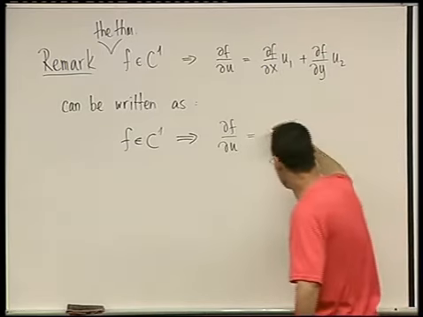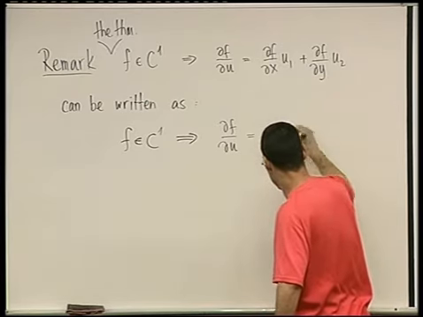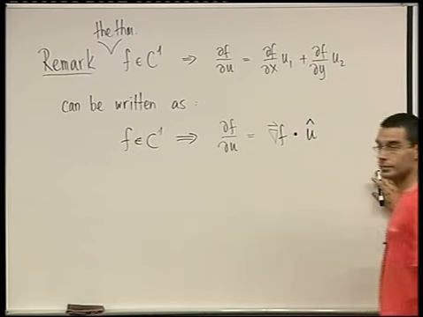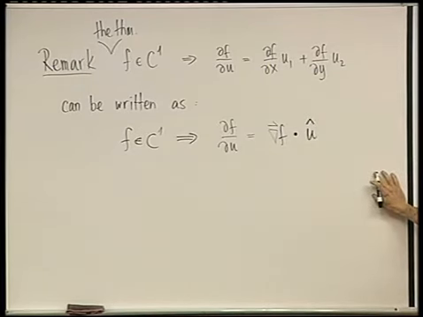So do you agree that what's written there is precisely the gradient of f dot the vector u? The scalar product of the two vectors. Does everybody see that?